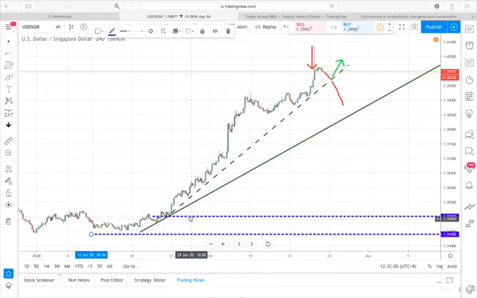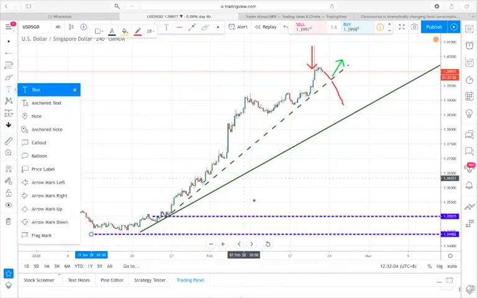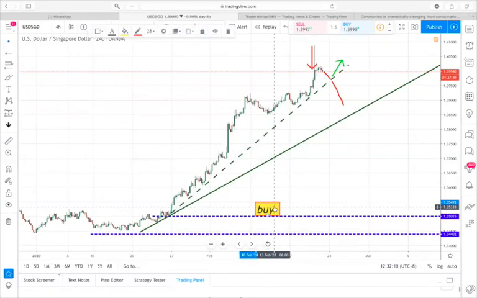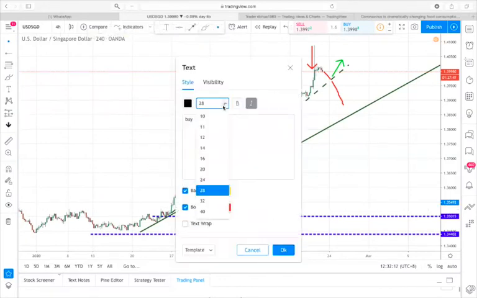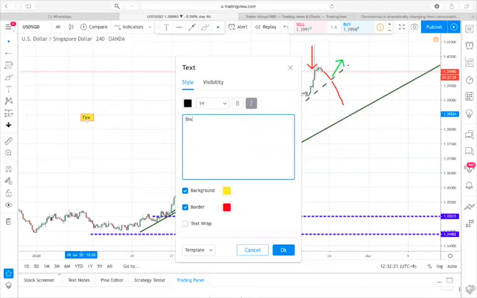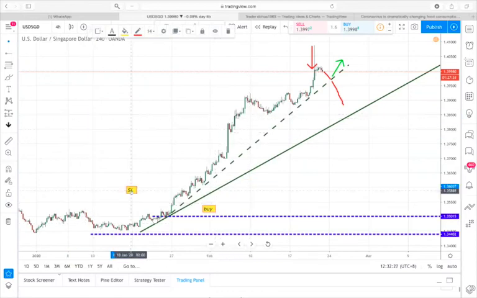So this is where you buy, and your stop loss is here.